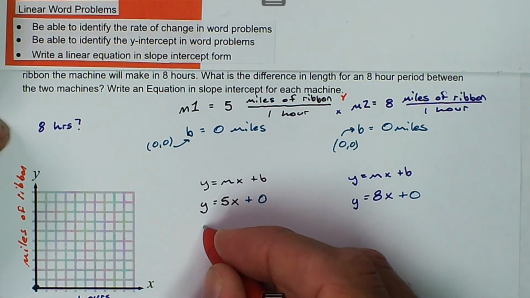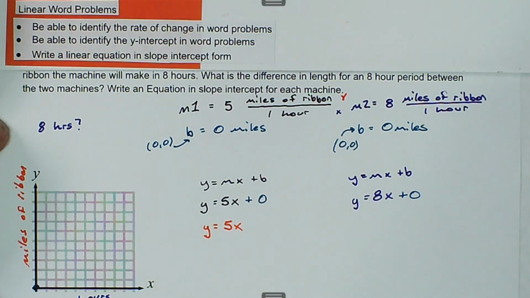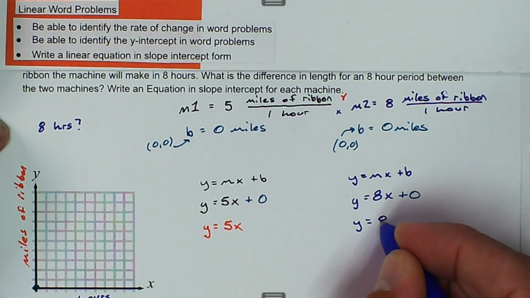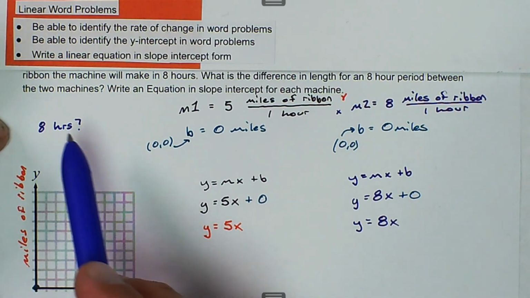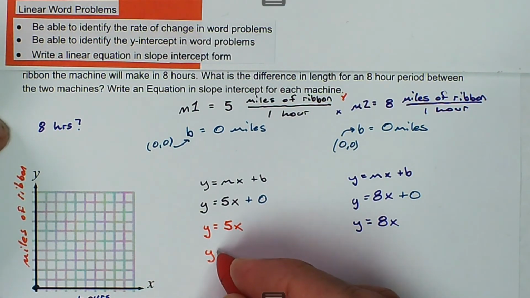And just for graphing purposes, I'm going to change this equation to be y equals 5x, just to make sure that it stands out a little bit more. And this one we can say y equals 8x. So we want to see what the difference is after 8 hours. So we're going to substitute 8 hours into each equation, and then we're going to see what we get.